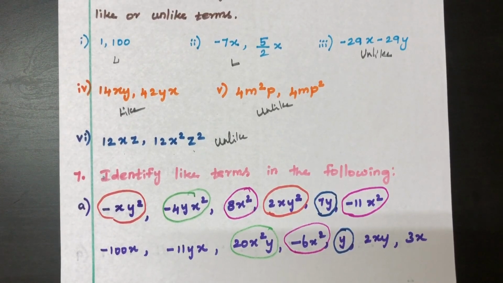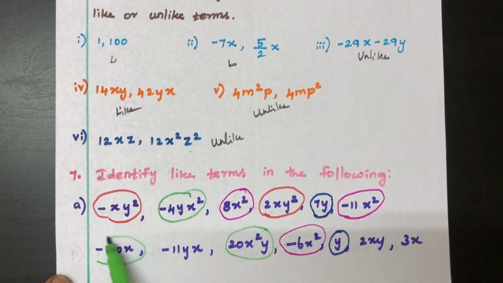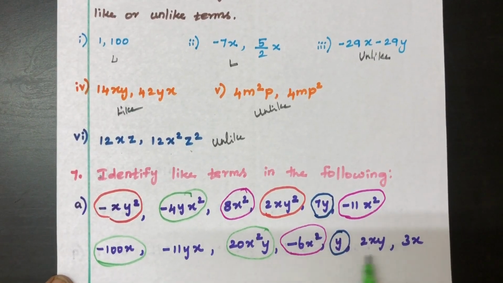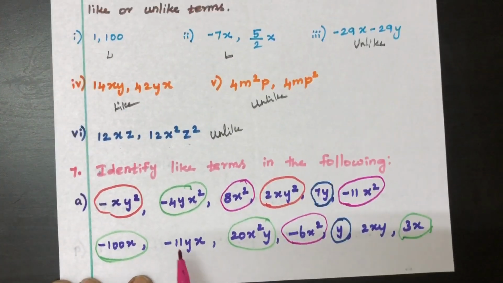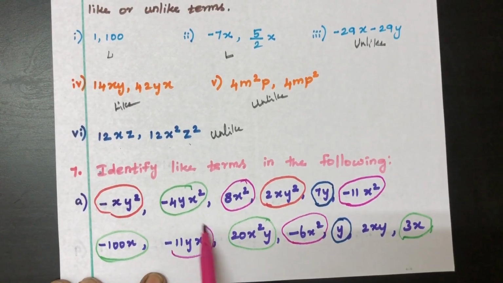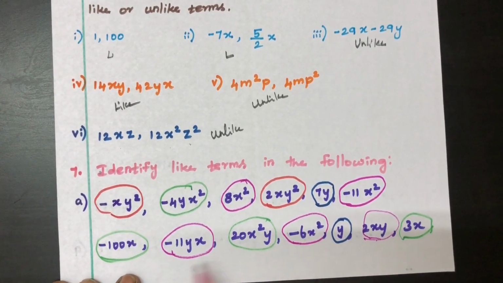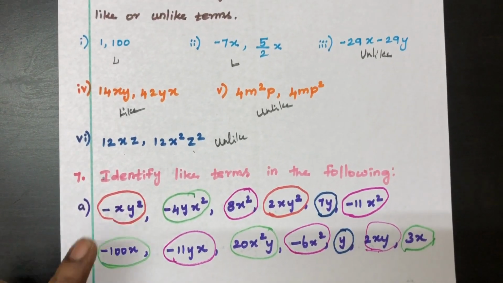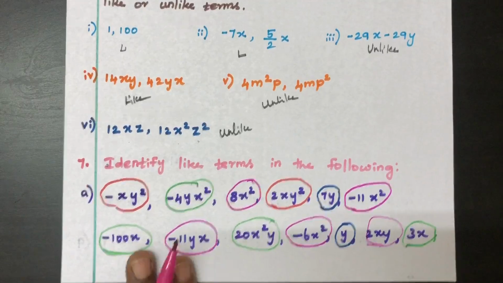Look for x. 100, minus 100x. So where is the x term? Here. Both are like. Next look for yx. Minus 11yx and here 2xy. Both are like terms. In the exam you need to take this and this as like terms. This and this are like terms. You need to write like that.